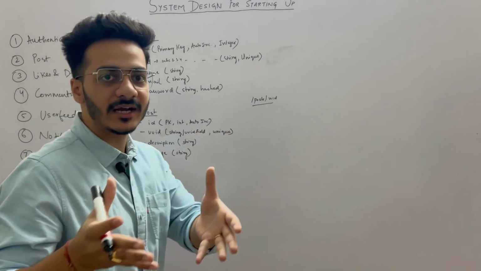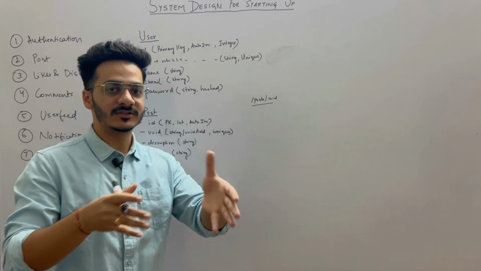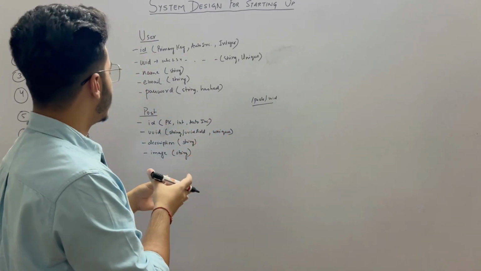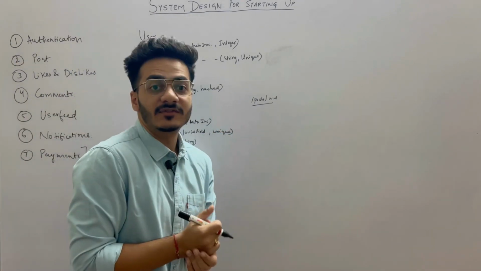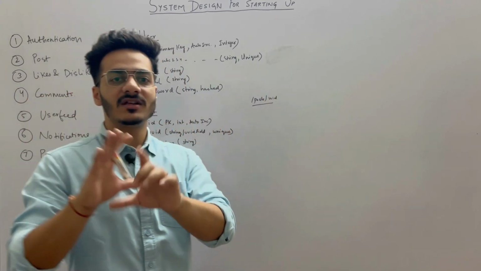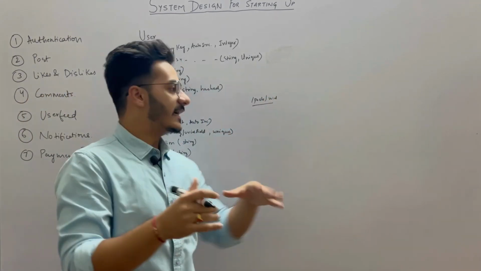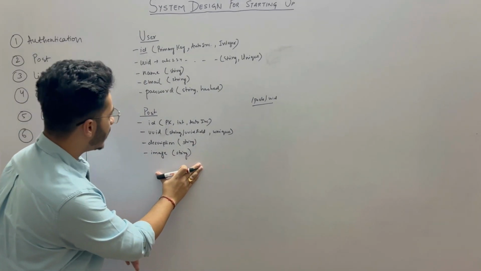Of course you can store that on your server directly, but that will create extra overhead for your server. So instead, you can use some extra service called S3 bucket and serve the static images from there itself. But we will talk about this static image serving later on. Let's just focus on this. So basically we will store the URL of that image in the post.